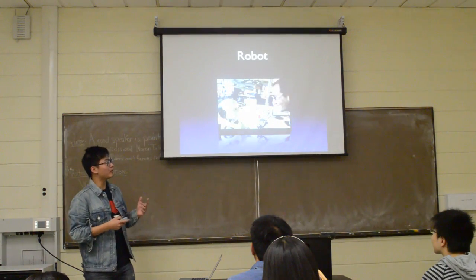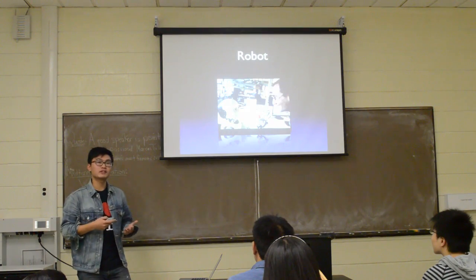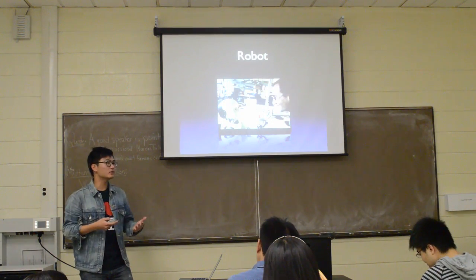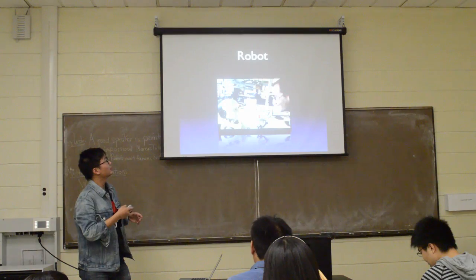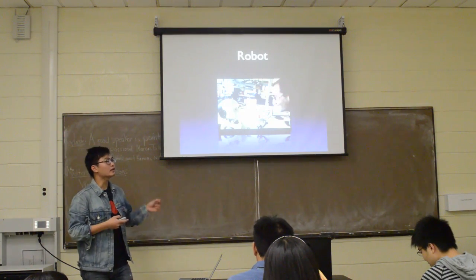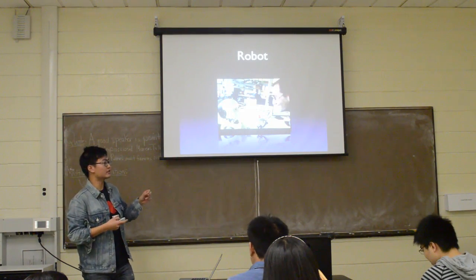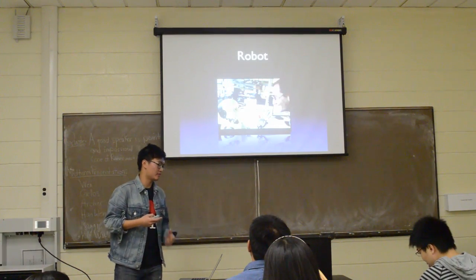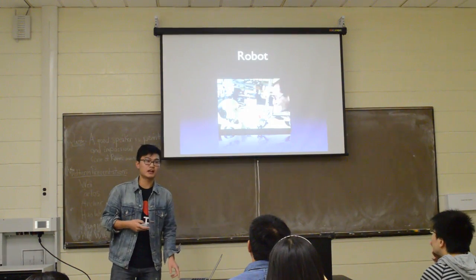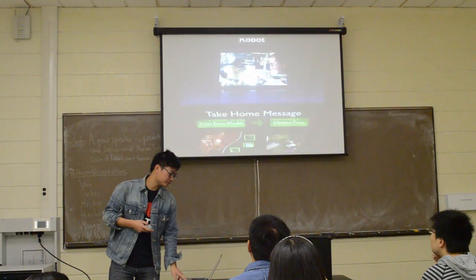And also for a robot, if you can help the robot detect the face, it can interact with you. Maybe after detecting the face, it can recognize who he is. Okay, but the first step you have to detect where the face is in the image. So we can do some artificial intelligence stuff on top of that.